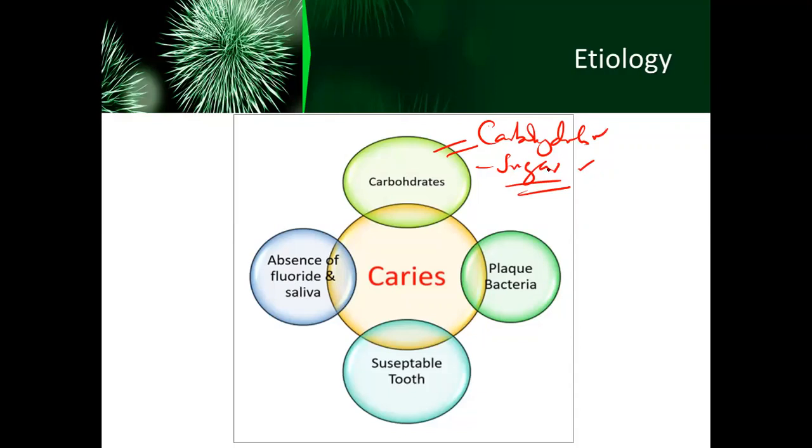Another thing you will see with carbohydrates is that one of the main causes of this disease is demineralization. And how does it happen? We have the bacteria, and some of the bacteria we're talking about are like lactobacillus, which causes the breakdown of sugar and produces acid. It is able to break down the sugar and produce lactic acid.